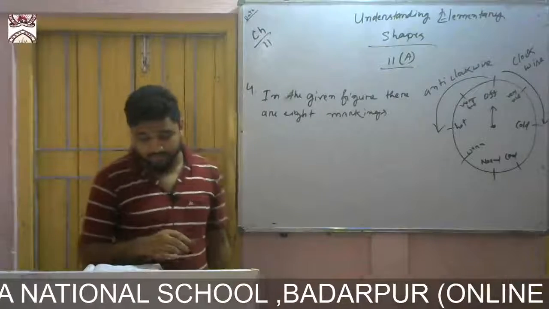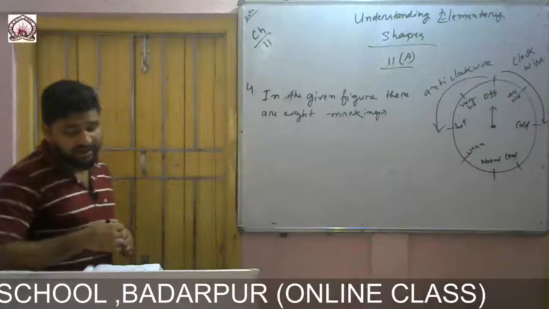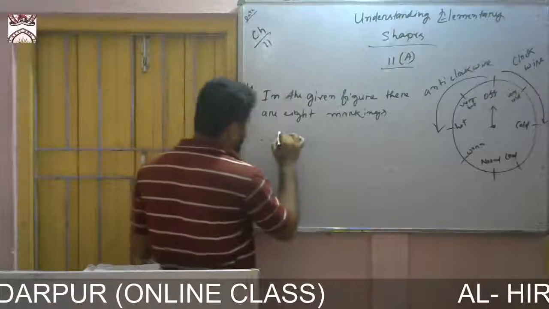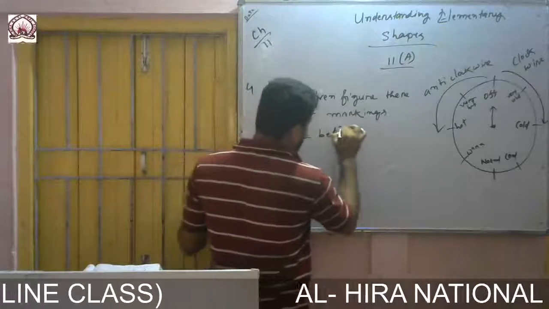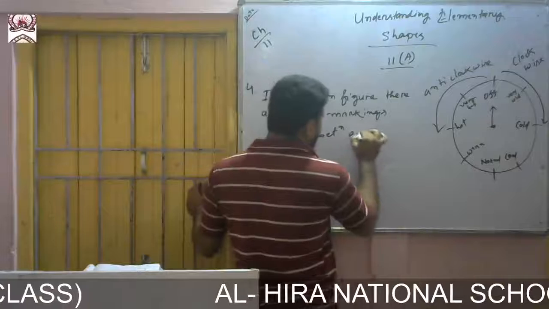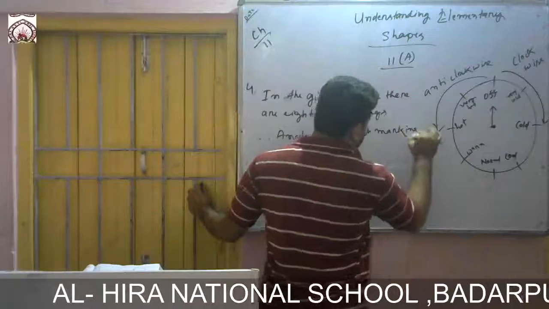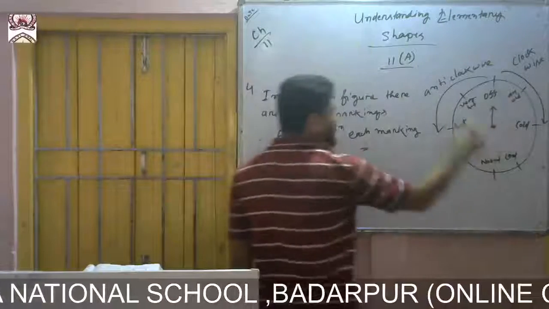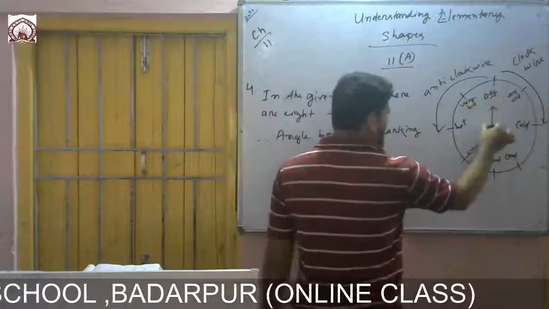Therefore, the angle between each marking will be what? We know that the whole, if it comes around from there, takes 360 degrees, like this.